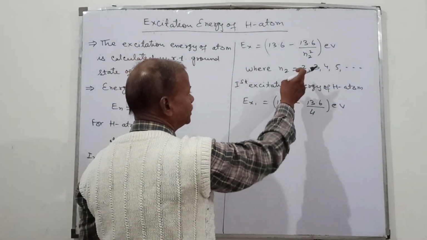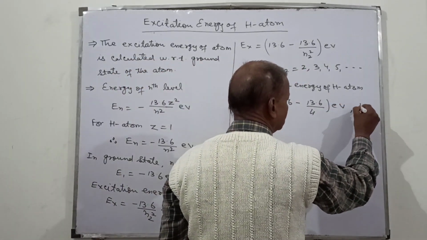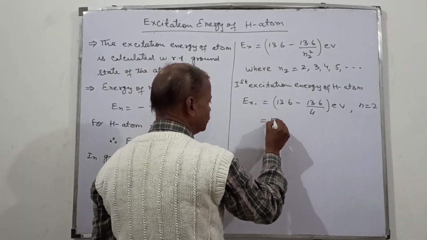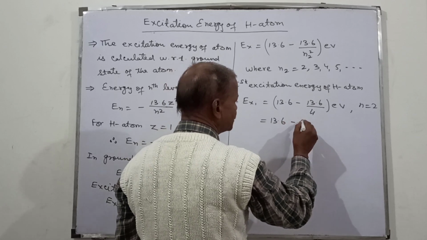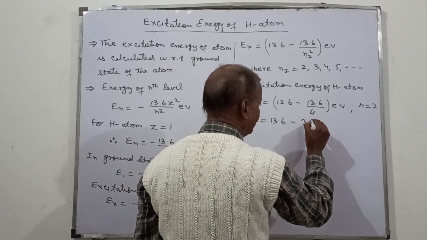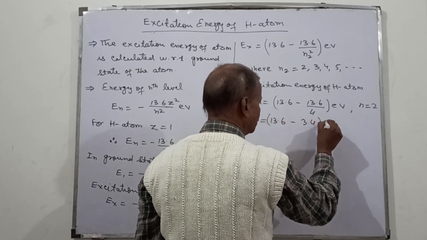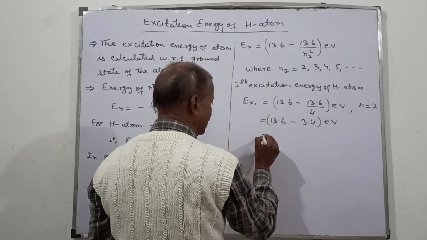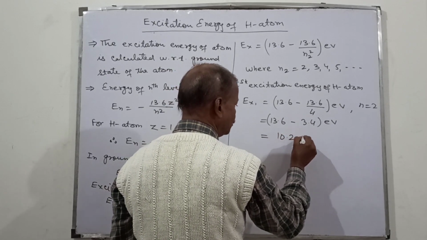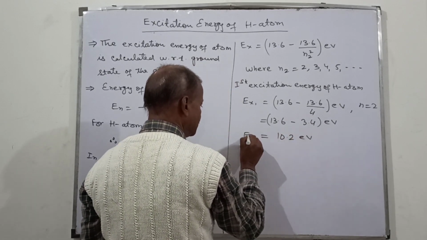Here we put n2 equal to 2. So this is equal to 13.6 minus 3.4 electron volt, and this is equal to 10.2 electron volt. This is EX1.